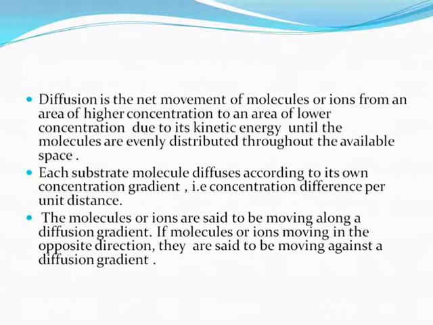Each substrate molecule diffuses according to its own concentration gradient, that is, concentration difference per unit distance. The molecules or ions are said to be moving along a diffusion gradient. If the molecules or ions are moving in the opposite direction, they are said to be moving against a diffusion gradient.